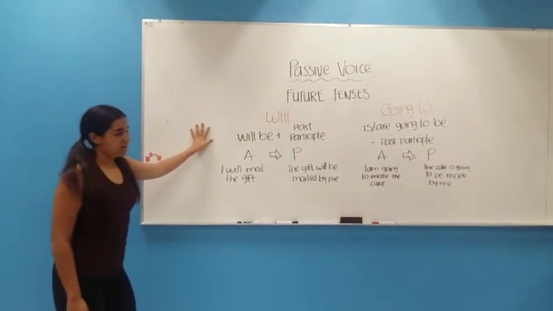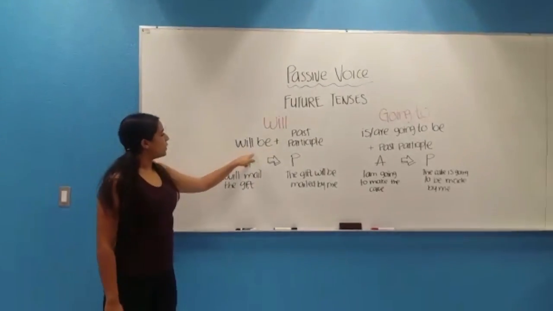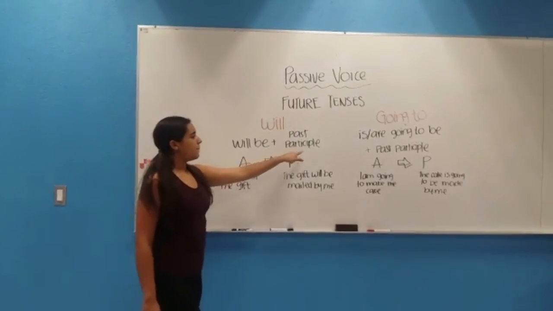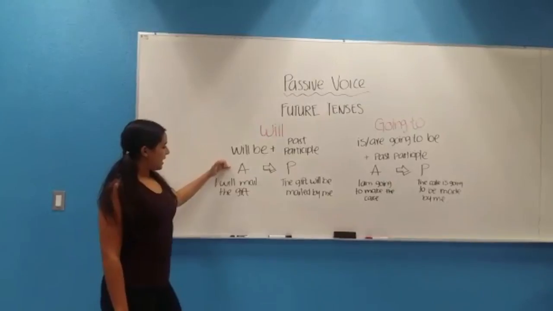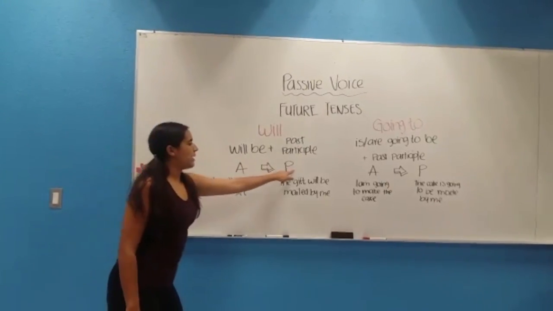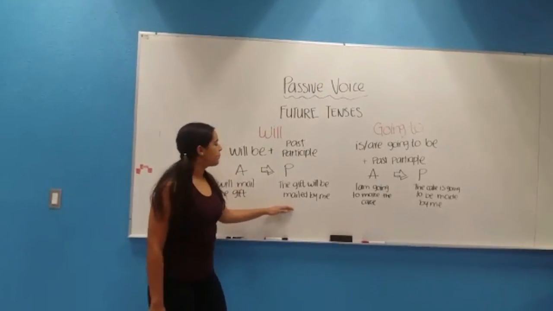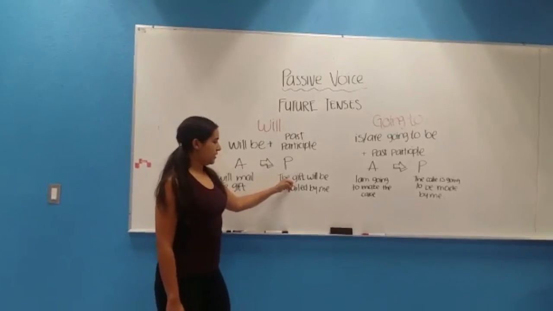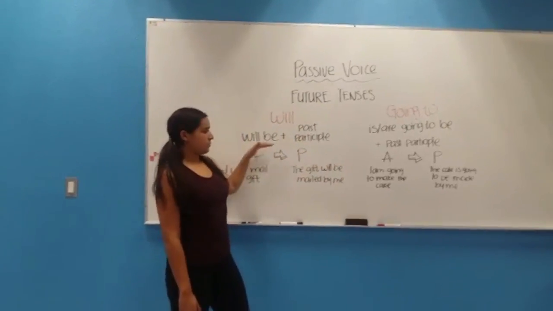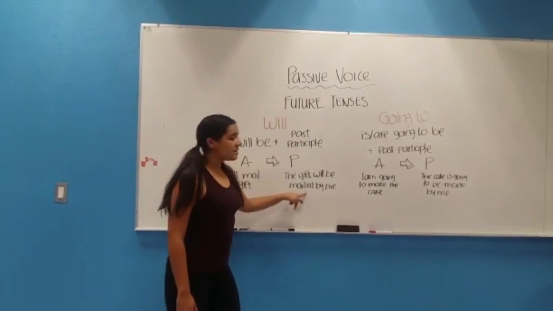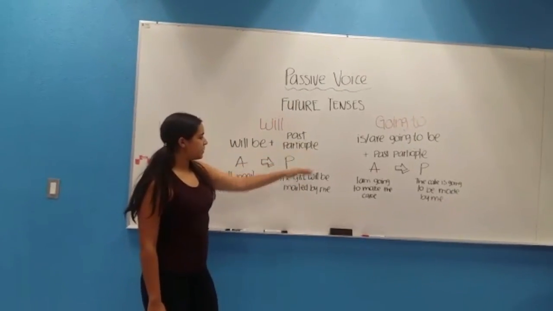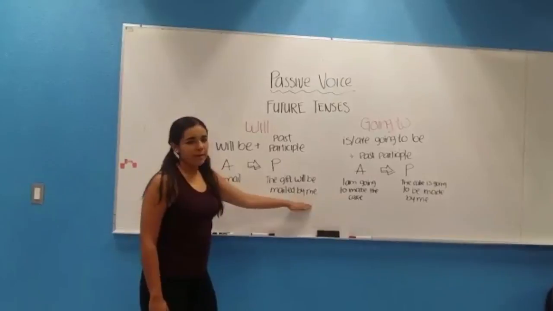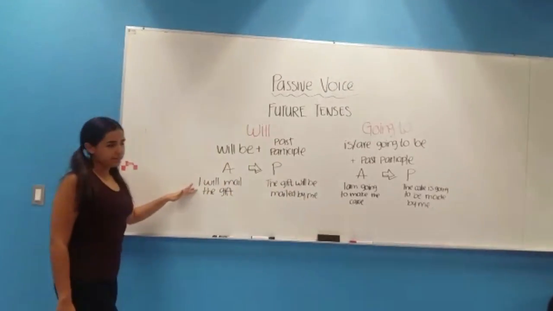The structure is the subject plus will be plus the verb in past participle. From active to passive, it is like that: The gift will be mailed by me. The verb is in past participle, and by me substitutes I.